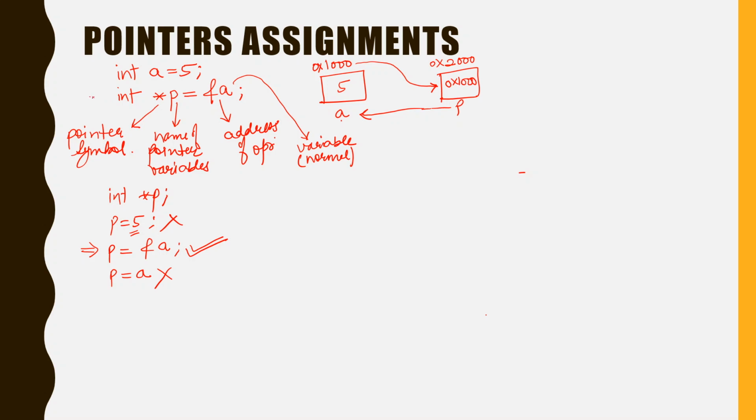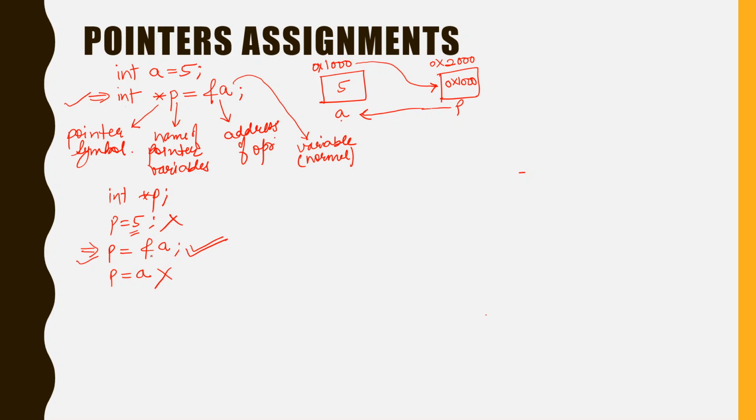Now there may be confusion in these two statements, right? This was a declaration as well as initialization step, and this was a normal processing or assignment step. Here I used int *p = &a, and here it was p = &a.